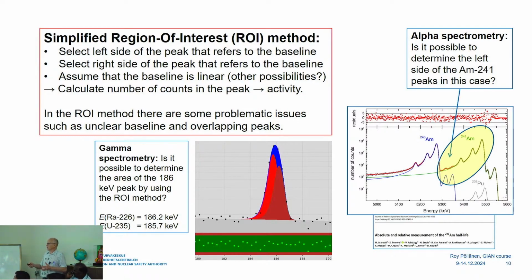So it's not very useful to analyze the areas of these individual peaks. If you are using the peak fitting method, you have to know the peak shapes. Then it's possible.